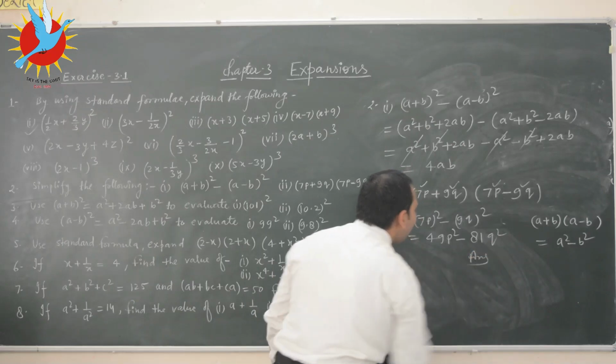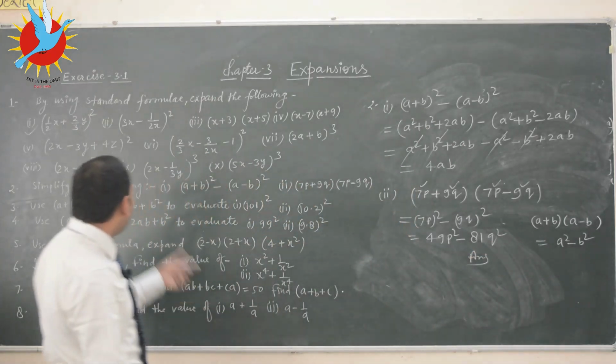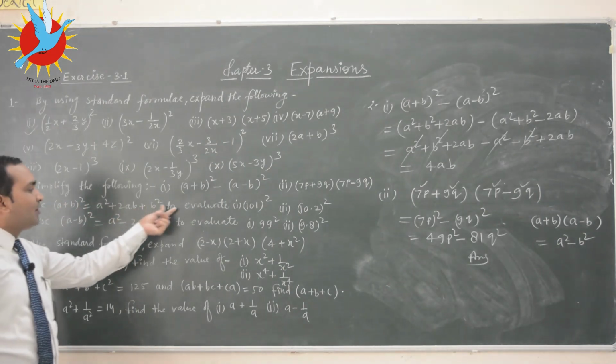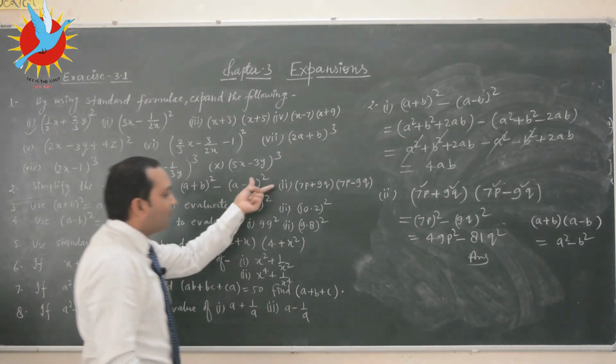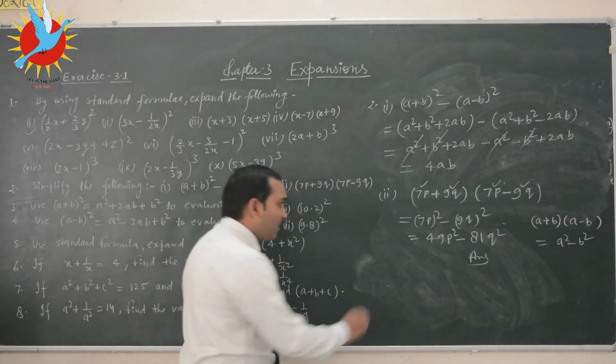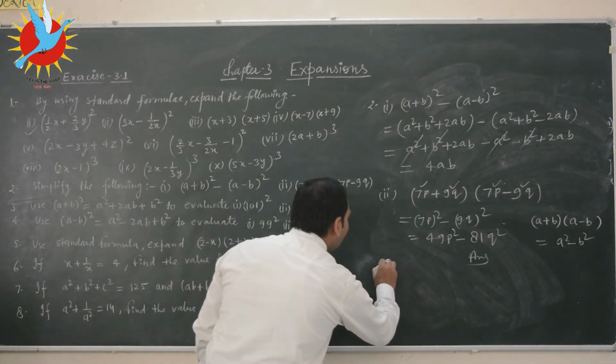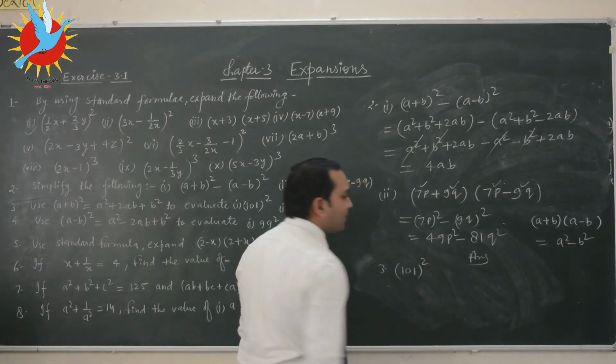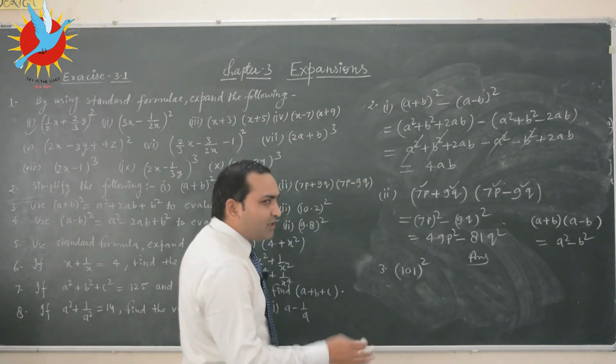This is the answer. Similarly, use (a plus b) whole square to evaluate 101 whole square. Third one, 101 whole square, we use the standard formula.